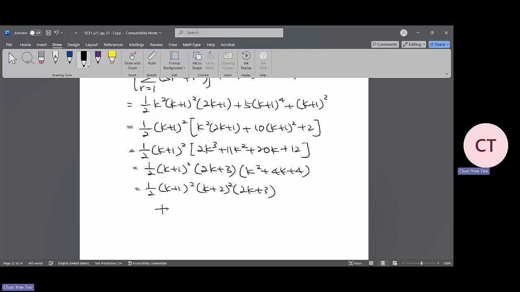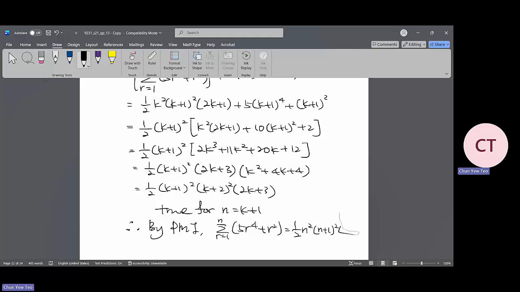Basically done already. You can just say that it is true for n = k + 1. So therefore, by the principle of mathematical induction, the series of 5r⁴ + r², where r is equal to 1 until n, is equal to ½n²(n+1)²(2n+1) for all positive integers n.